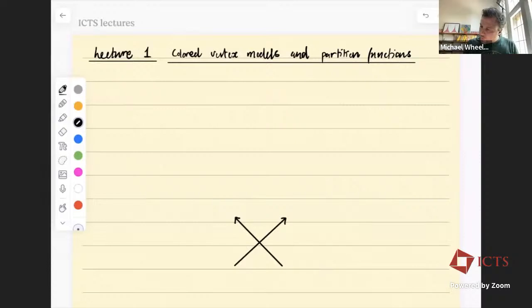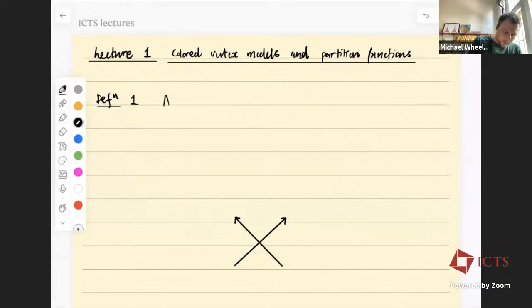So yeah, I'll start with just something very basic, which is actually what is the definition of a vertex. So when people talk about vertex models, a vertex has a very specific meaning, and so I'll try to give that now. So this will be definition number 1.